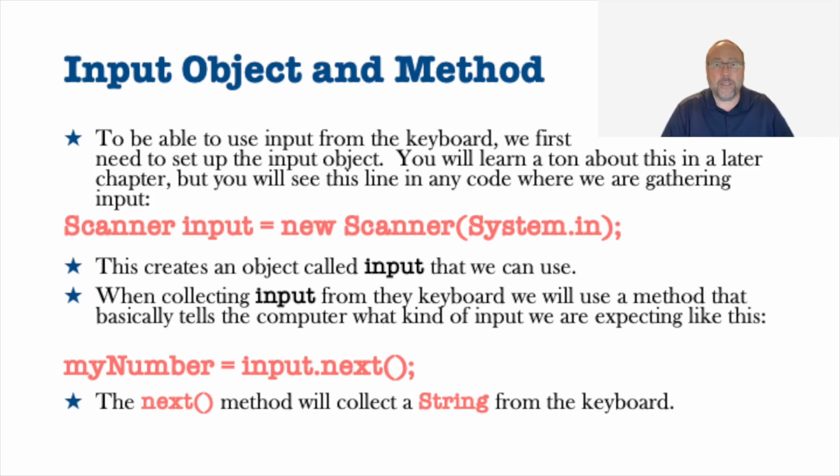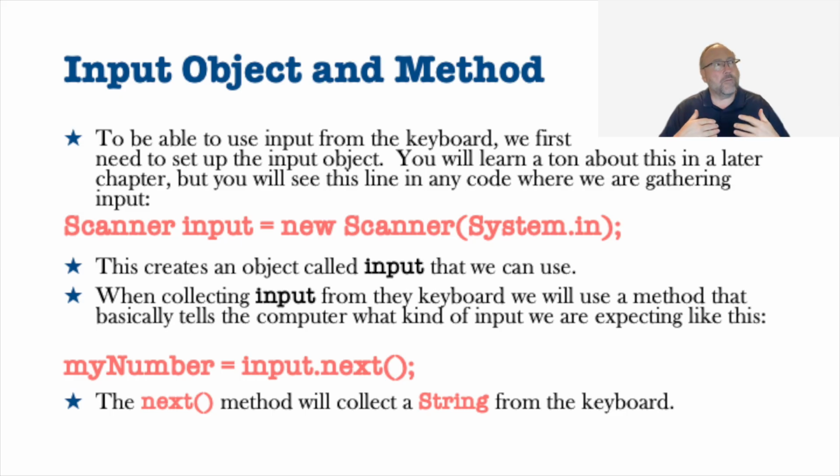And then once the object called input is created, then we can use what we call in object-oriented programming a method, which is kind of like a function, to collect the input from the keyboard. That's what the .next part of that line is. There are a variety of different methods, like next, that we can look at.